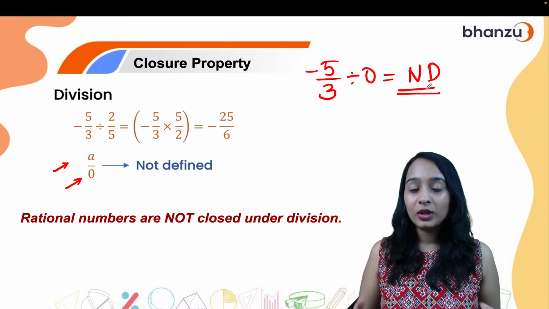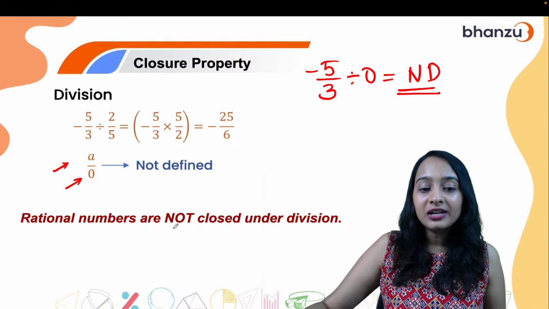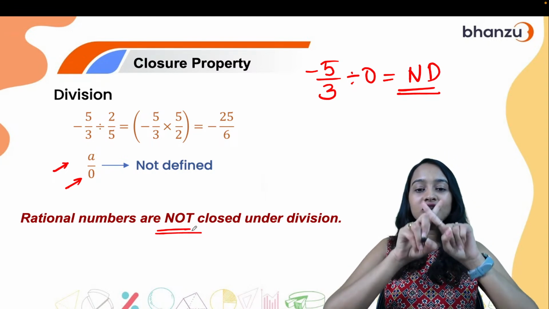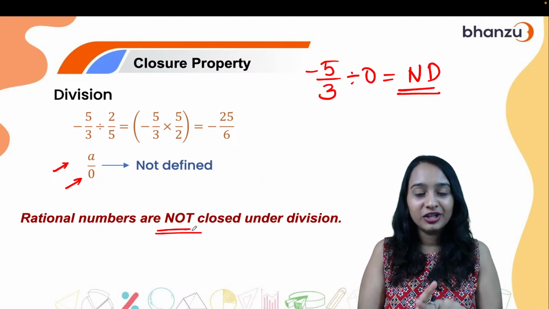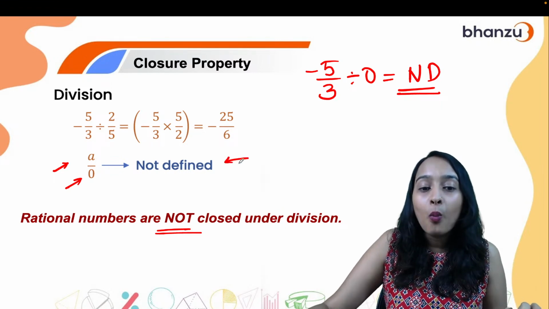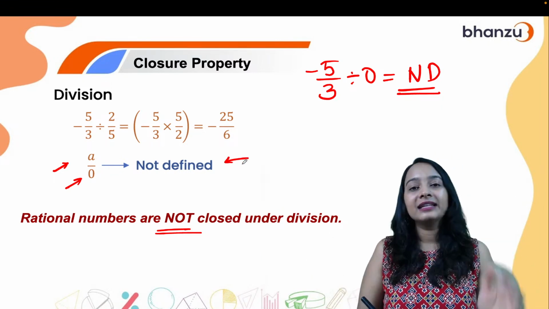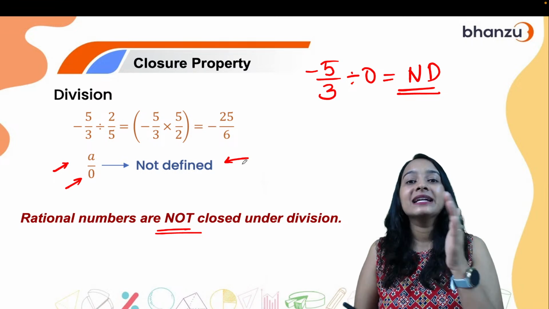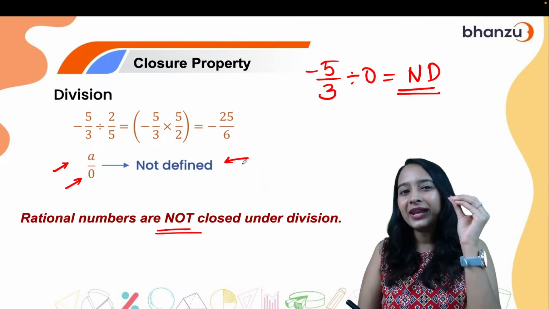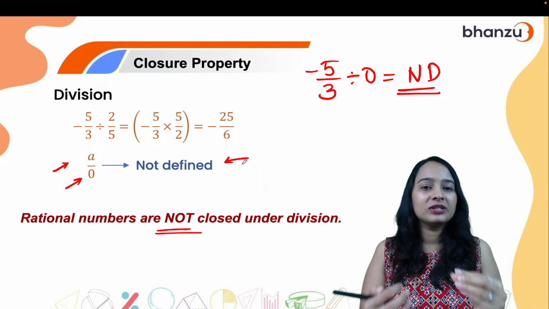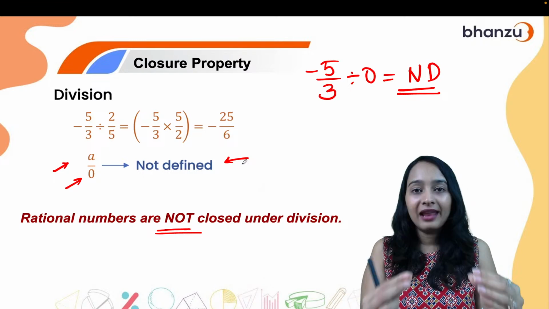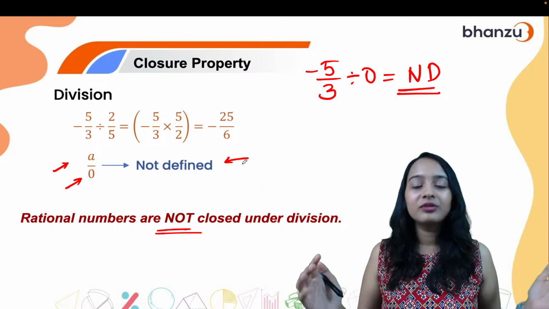You cannot say what the answer is. So, rational numbers are not closed under division because of this one exception, that is division by 0.